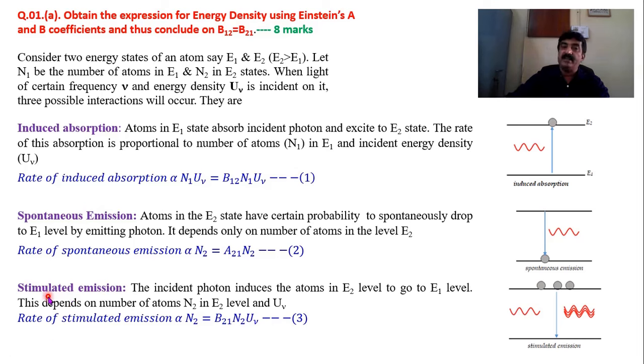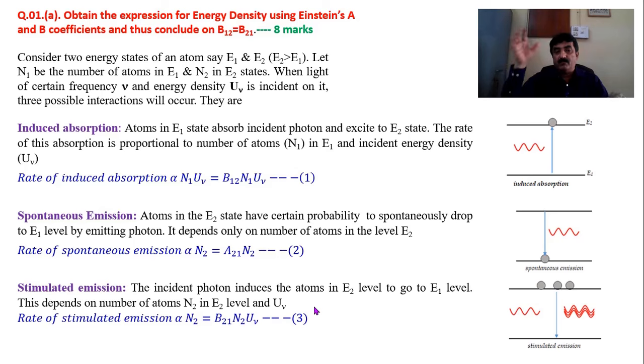Spontaneous emission anybody can expect, but stimulated emission is such a wonderful concept he introduced in 1917, and with the help of this concept people started thinking about lasing action, and finally they came out with the laser. It is one of the very important discoveries of the 20th century. If you list the top 10 discoveries of the 20th century, laser will be there, maybe in first place or second place, not beyond third place.